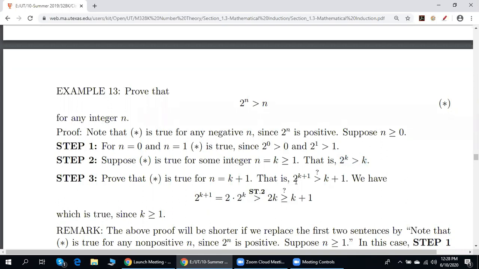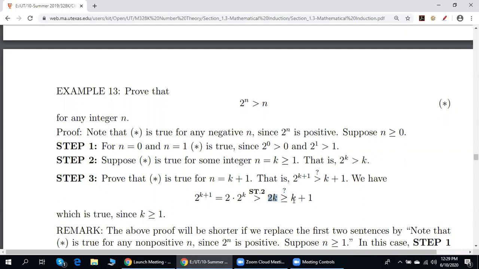Lastly, remember, in step 3, we want to prove that this, which is over here, is greater than this. Right now, we know that this is greater than 2k. Therefore, what is left is to show that 2k is greater or equal to the right-hand side, k plus 1. So we still put here question mark.